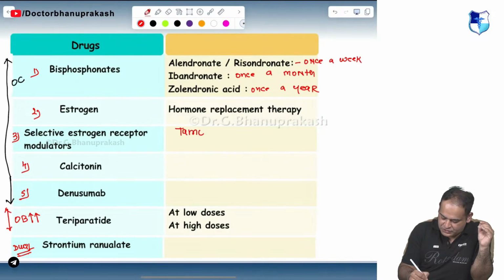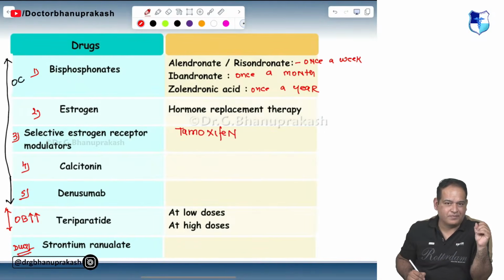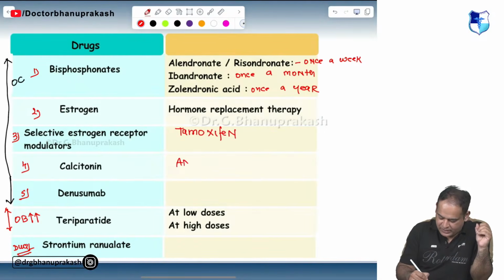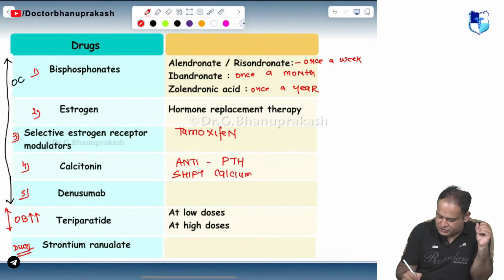Selective estrogen receptor modulators like tamoxifen. Calcitonin. Calcitonin is considered an anti-hormone to parathyroid hormone. What does it do? It shifts calcium from blood to the bones.